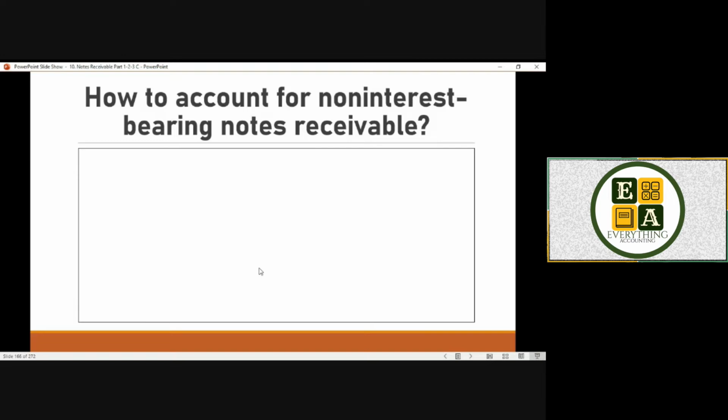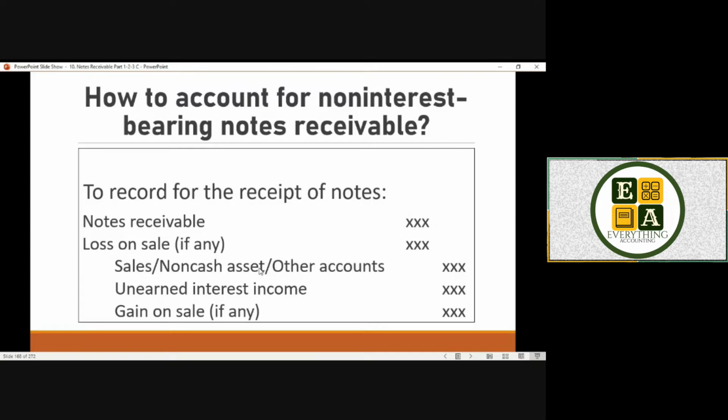How to account for non-interest-bearing notes receivable? So to record the receipt of promissory notes, it is almost the same with what we have with interest-bearing. The only difference is the presence of the unearned interest income account. Then the debit to loss and the credit to gain on sale, if any, depends on the transaction.